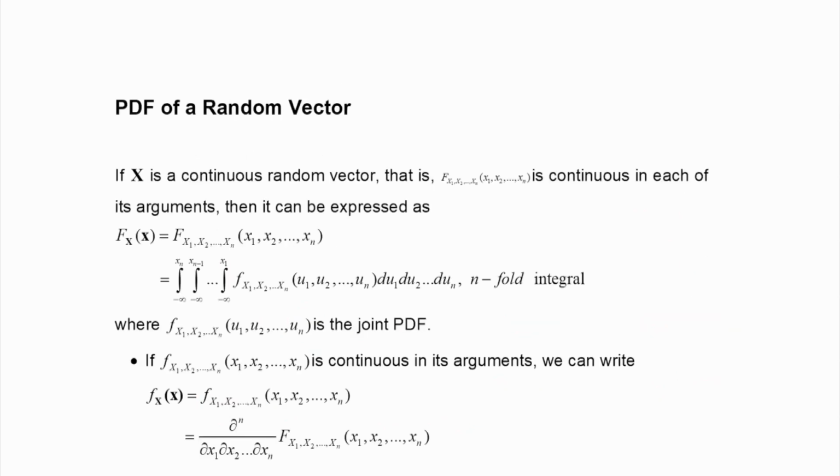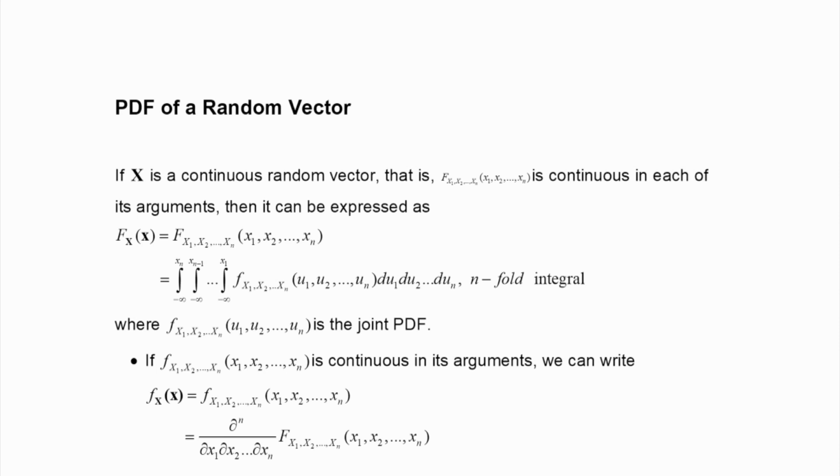Now, in the case of a random vector, we can similarly define the joint probability mass function, joint probability density function etc. The PDF of a random vector, because we are considering the random vector as a single variable, that is why we call it a PDF, if x is a continuous random vector. What do I mean?